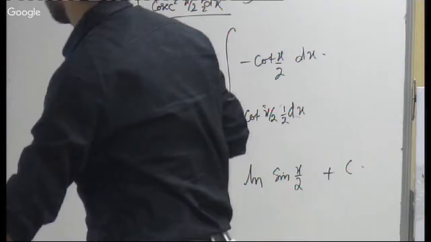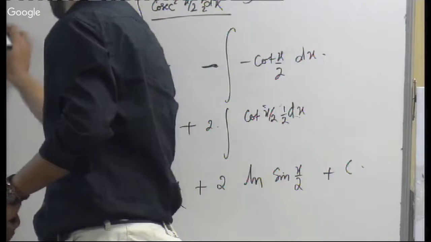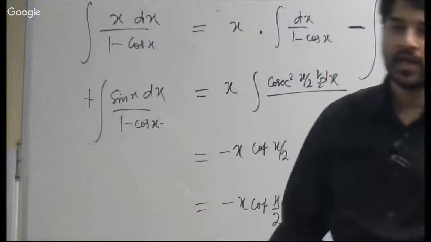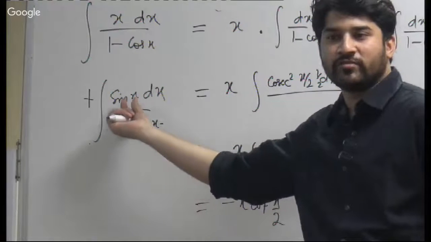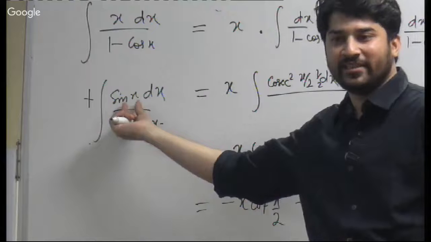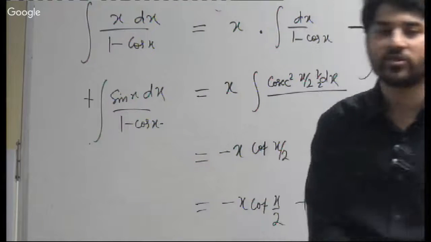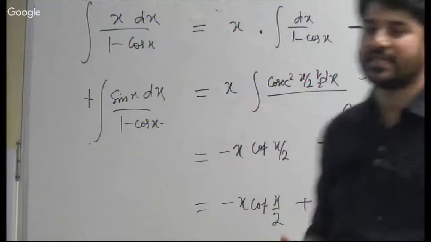So the sixth question is nothing but this plus, I'm going to put 1 minus cos x as t. So this will become dt, so this will become log 1 minus cos x. So this plus log 1 minus cos x will be my sixth answer.